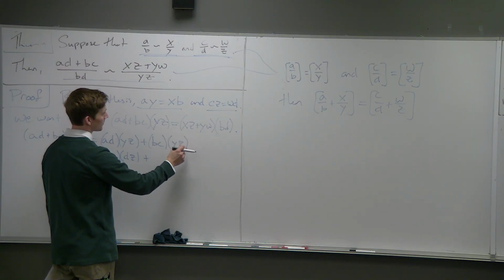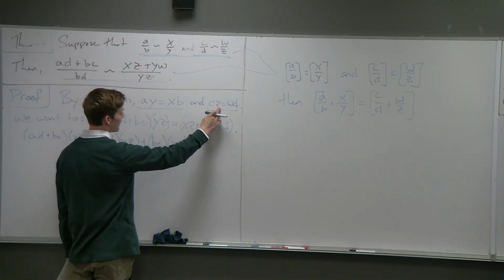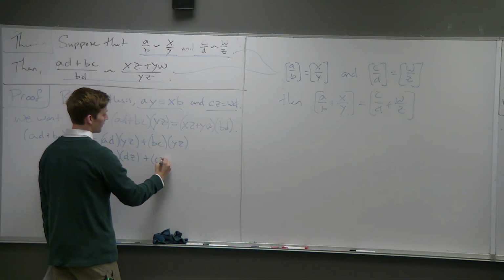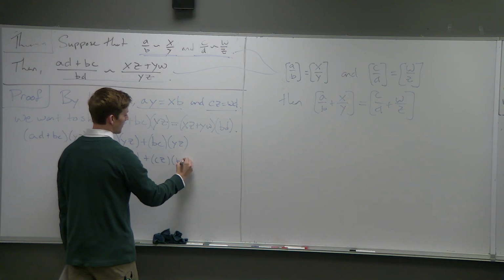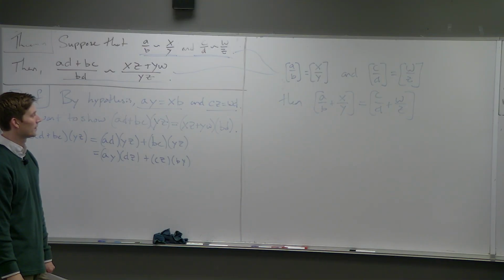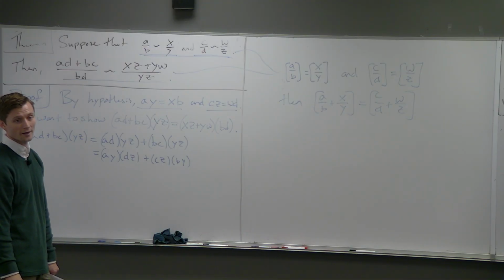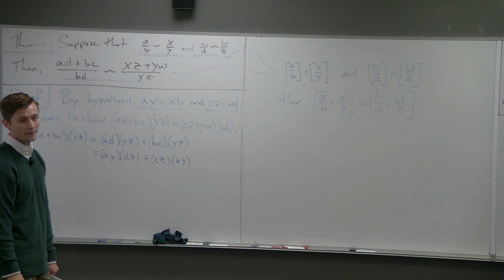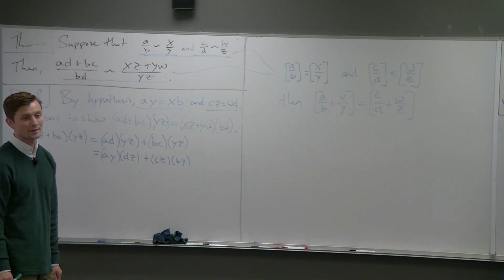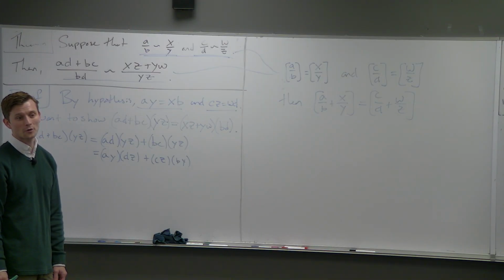Over here, I know that CZ is WD, so I'm going to get my C and Z together: CZ and BY. Do you agree with this so far? All I did was reorder my multiplication. It doesn't matter what order you do multiplication in, so you can flop it all around all you want. Yeah?